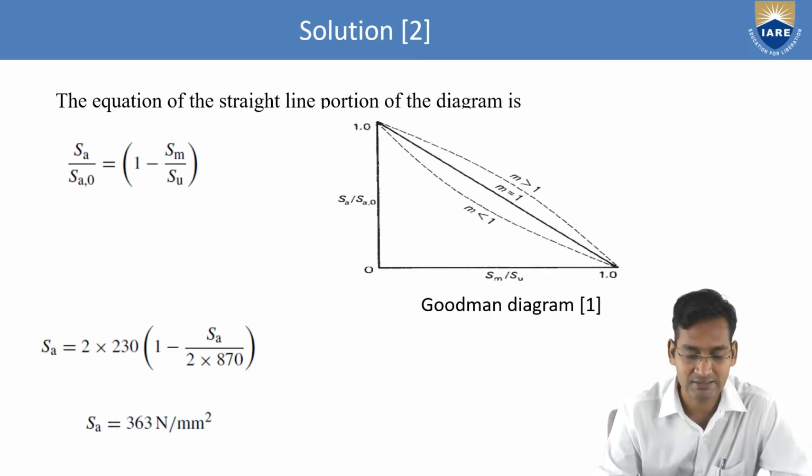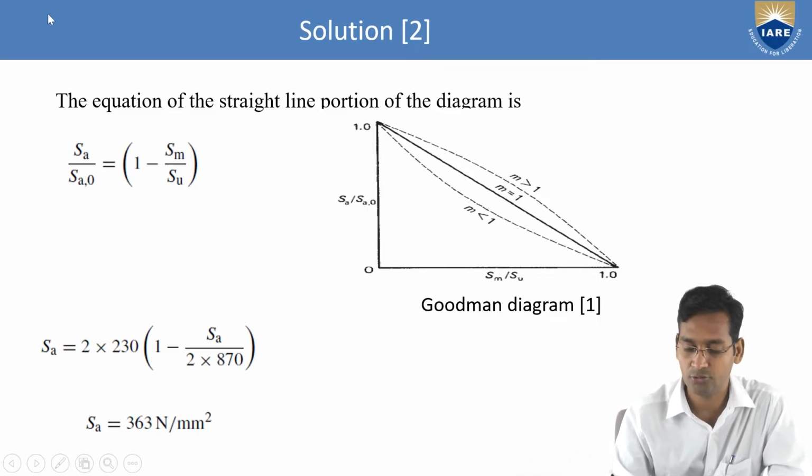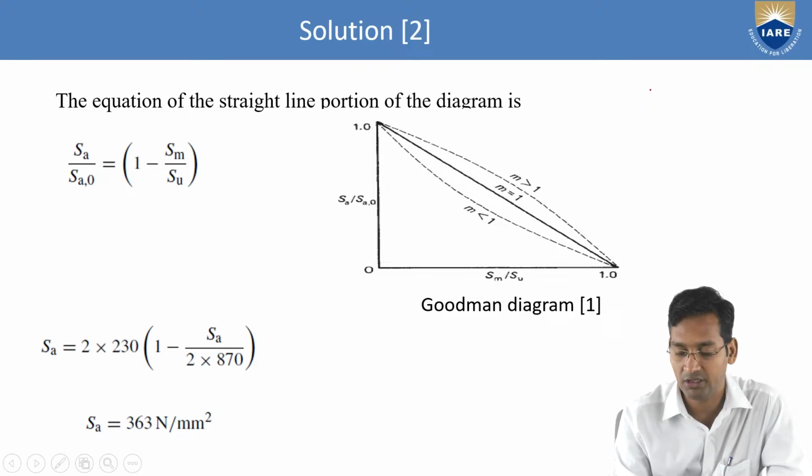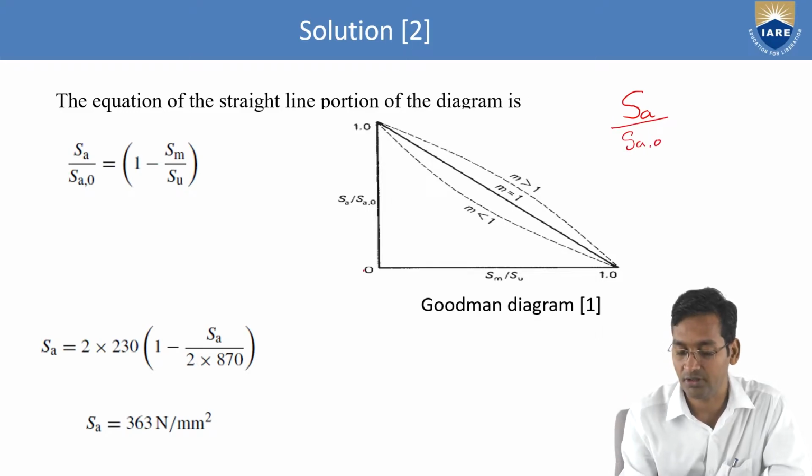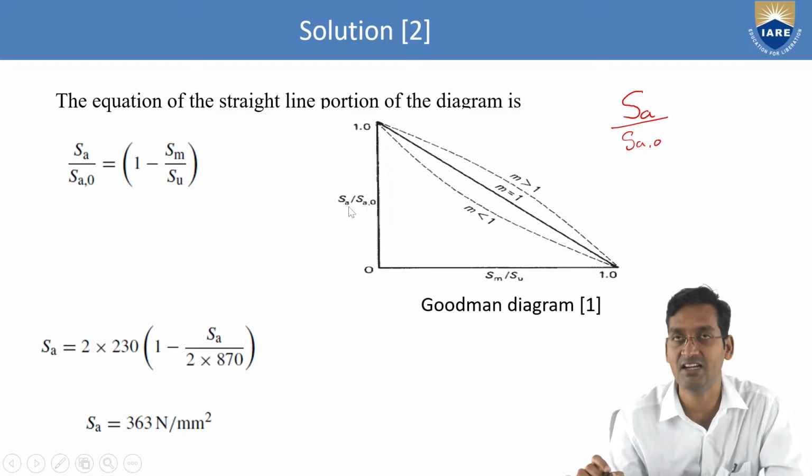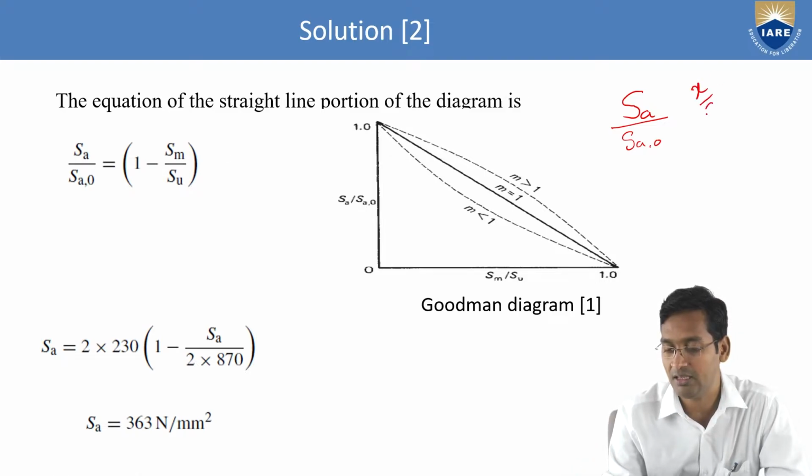So now let's see this. As we already know, according to the Goodman theory, this will be Sa naught, like a straight line equation. First see this one: x by A plus y by B equals 1.